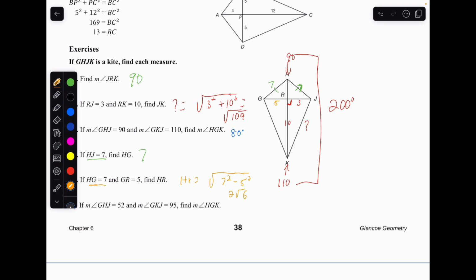And finally, the last one, GHJ. That means that one again, but this time it's assuming that it has a 52-degree angle.